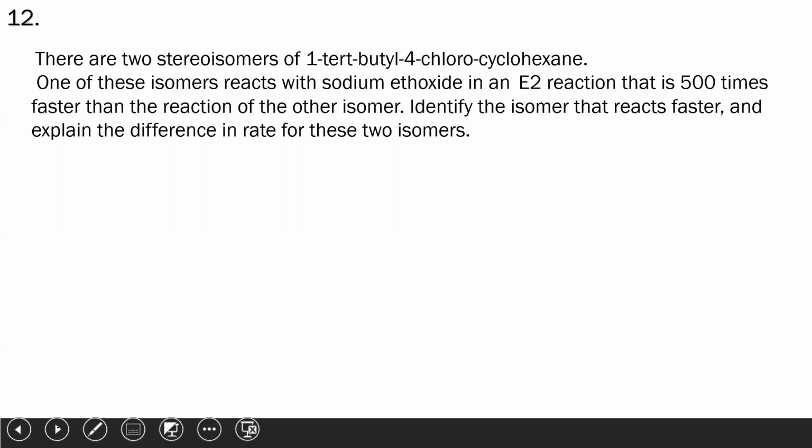Okay, last question. There are 2 stereoisomers of 1-tert-butyl-4-chlorocyclohexane. One of these isomers reacts with sodium ethoxide in an E2 reaction that is 500 times faster than the reaction of the other isomer. Identify the isomer that reacts faster and explain the difference in rate for these 2 isomers.